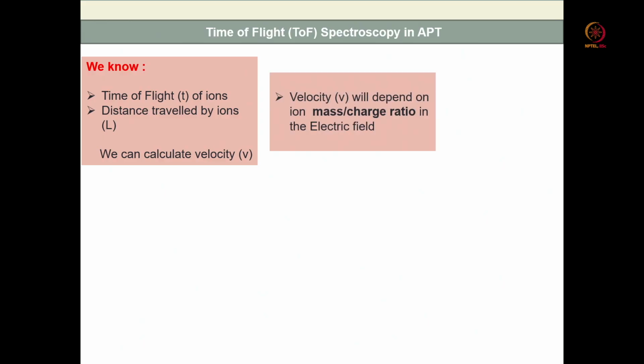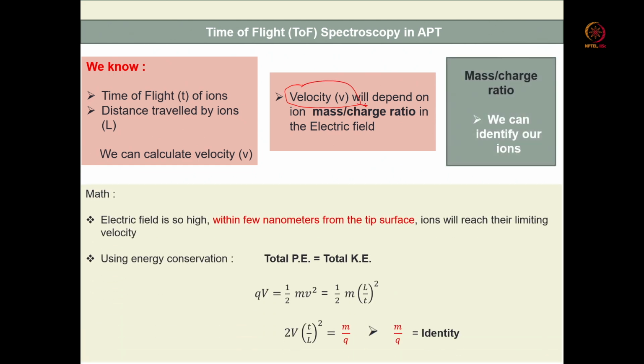Okay, so as I told you, the velocity of the ion which is traveling directly depends upon its mass to charge ratio in the electric field. Okay, so how to identify? This is the basic equation, assuming that the atom leaves with an initial velocity of 0, so it has a certain potential energy on the tip surface.